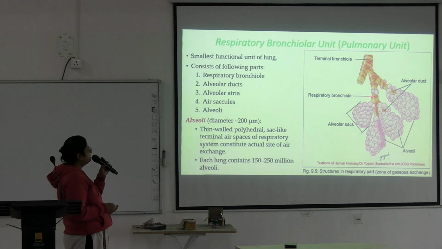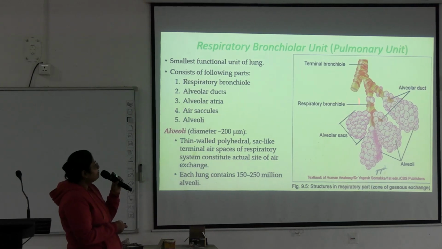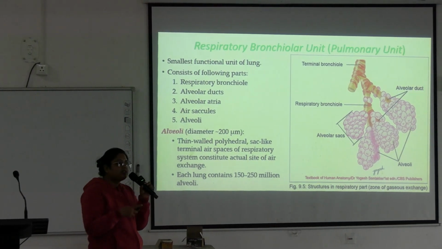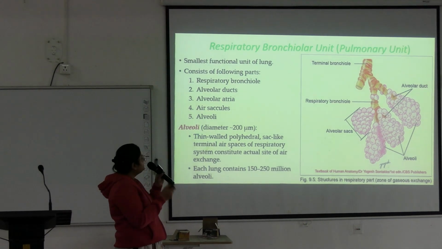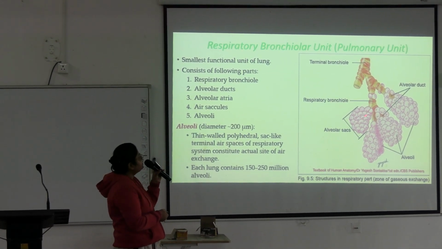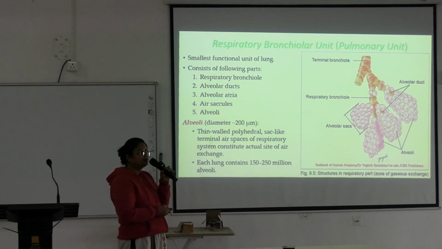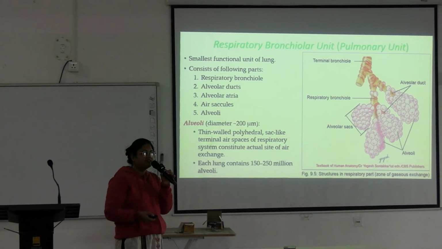Air exchange mainly occurs in the alveoli, but some exchange can also occur from the terminal bronchiole. Yellow is the connective tissue wall. Muscles are in different dispositions. These are longitudinal muscles, and this red one are the circular muscles. Okay, different types of muscles.